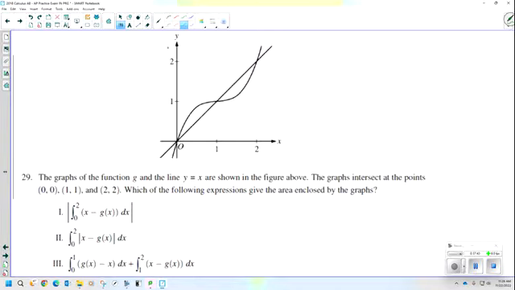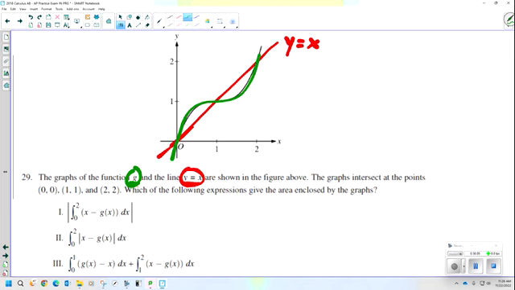First of all, G. Y equals x is the straight line here. Y equals x will be in red. In green is G. That's G, and they intersect at 3 points.